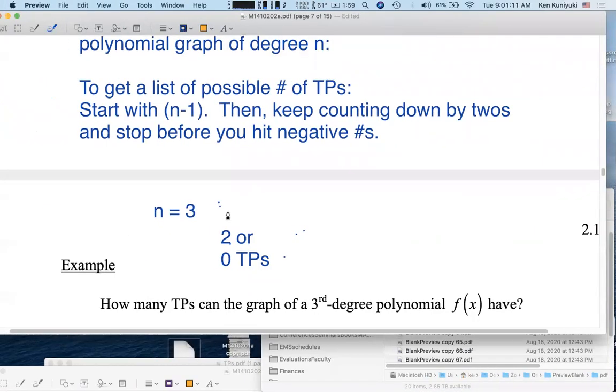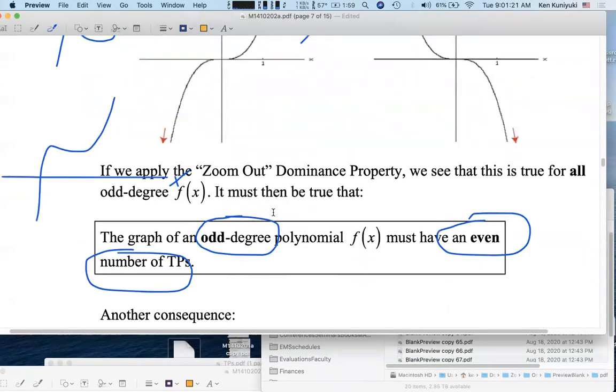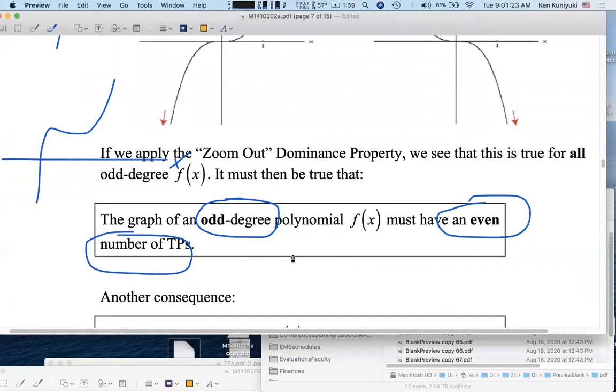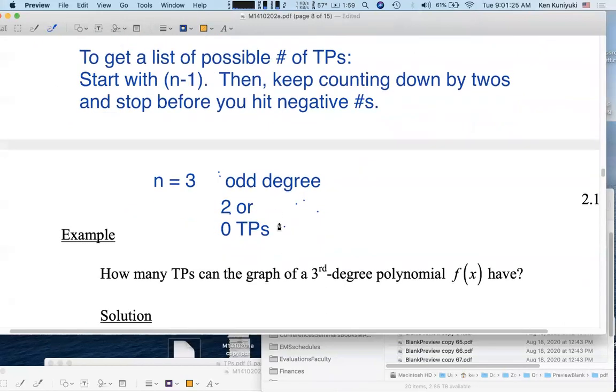Why does this work? Well, 3 is an odd degree. And remember, for an odd degree polynomial, you have to have an even number of turning points. Well, if n is odd, n minus 1 is guaranteed to be even.